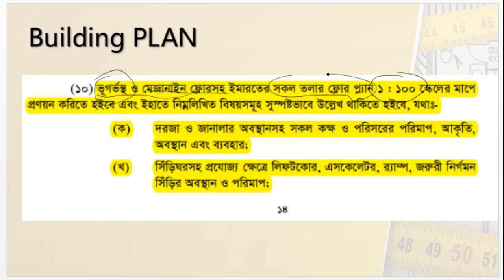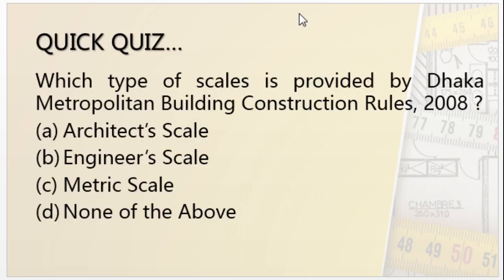You'll have to provide 1:100 scale drawings for those. So this is not as we typically have seen in our previous discussions. So there will be a quiz for you based on this.